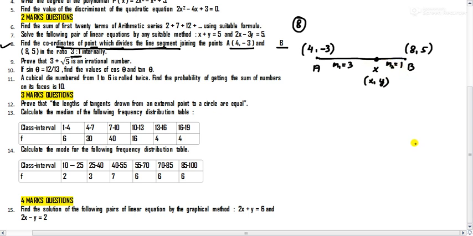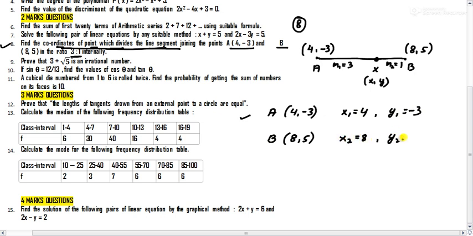For A, you write x1 as 4 and y1 as minus 3. Now B coordinates is 8 comma 5, so x2 is 8 and y2 is 5. And we have m1 as 3, m2 as 1.